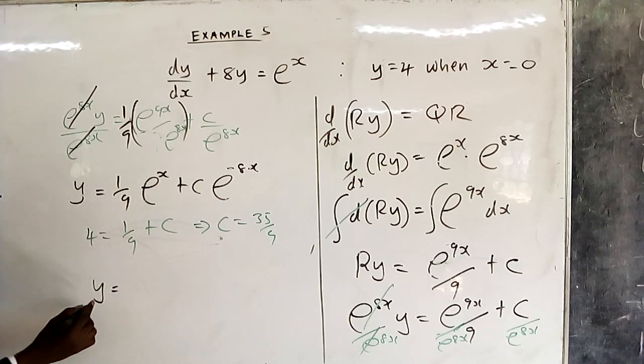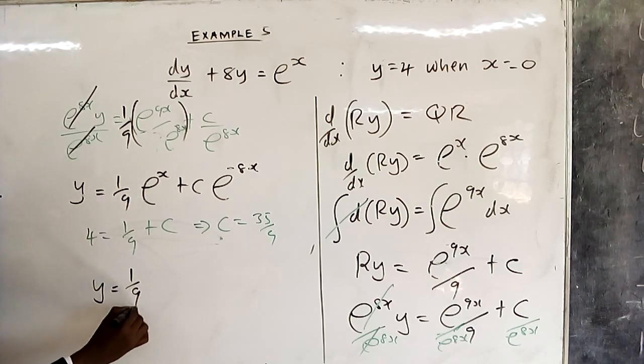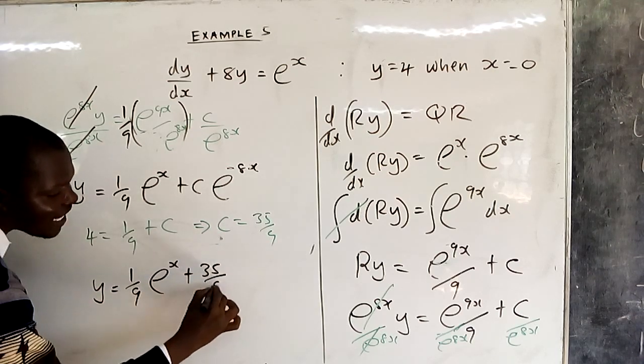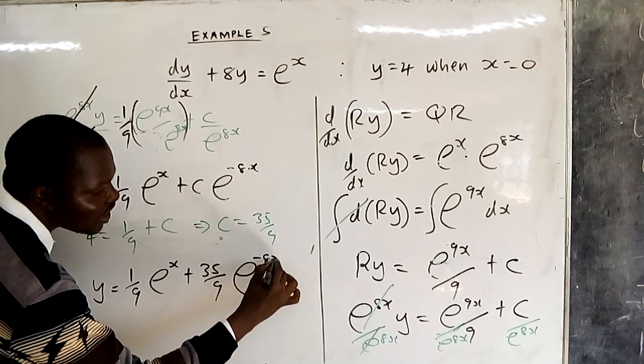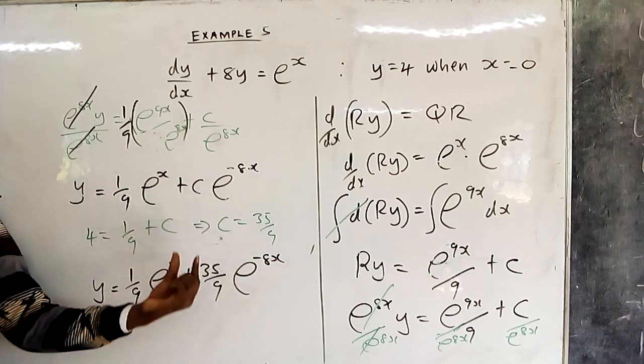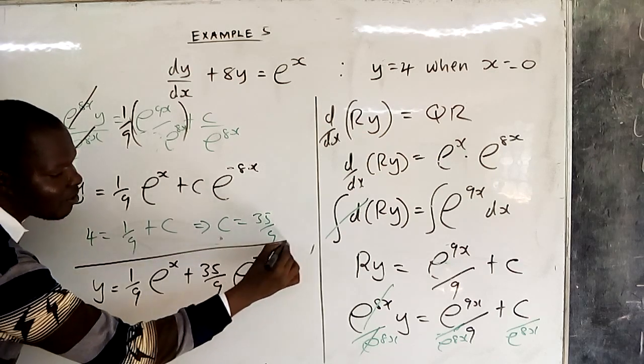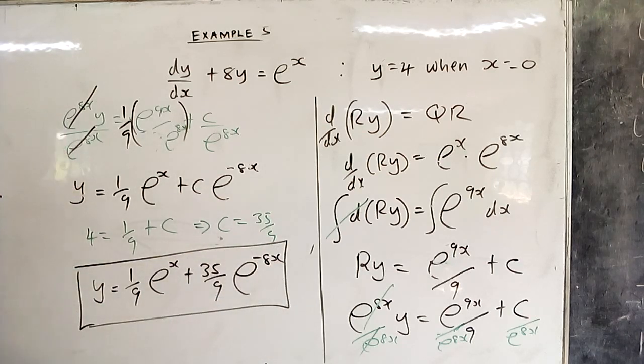The solution of the differential equation is y is equal to 1 over 9 exponential x plus 35 over 9 exponential negative 8x. Where there is c, you put the value of c. Then you finally solve the first order linear ordinary differential equation. Very simple, isn't it? Very clear.